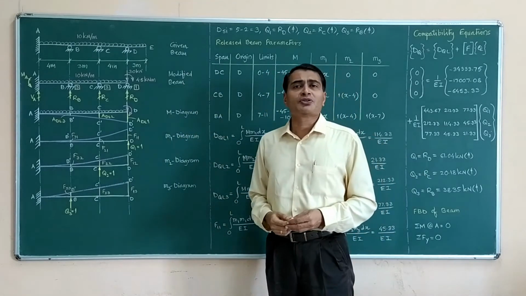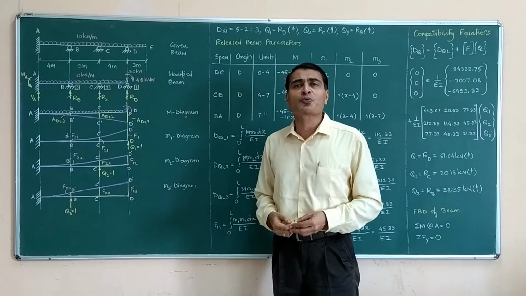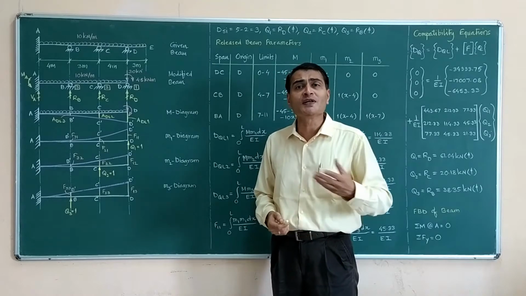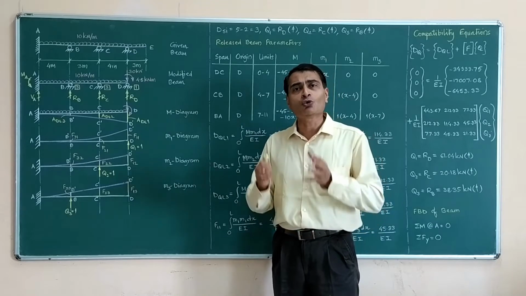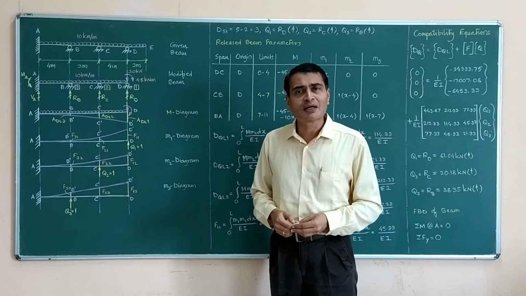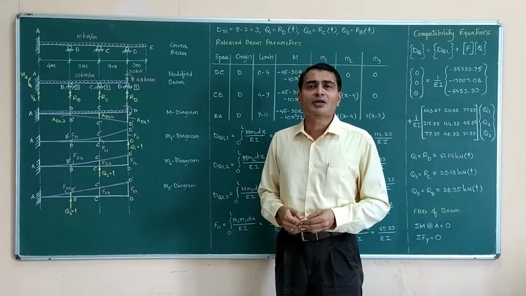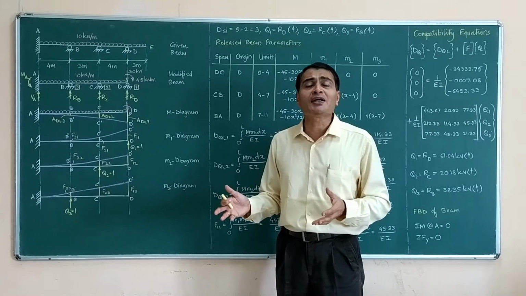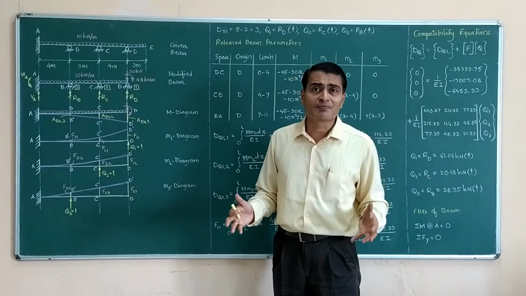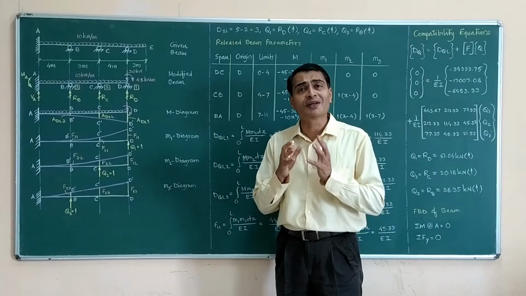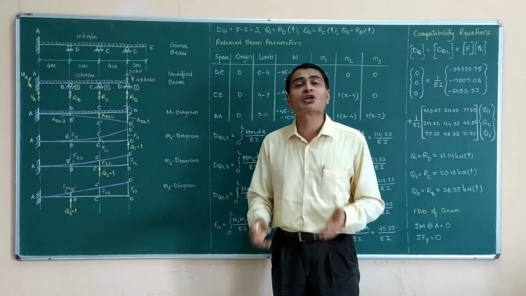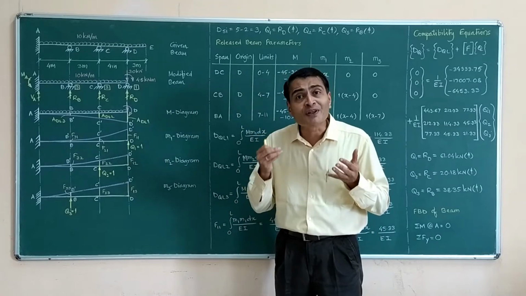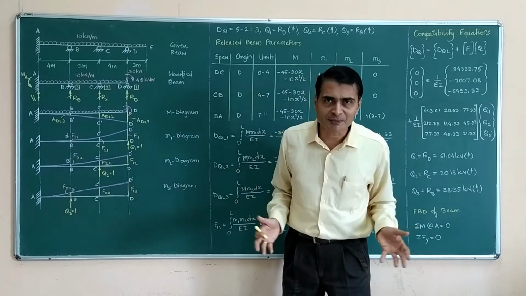So here is our next problem. And in this problem we are trying to see two things together. First of all, how to handle an overhanging portion, and secondly, there is a degree of static indeterminacy of 3. That means we are going to have 3 redundants, a 3x3 flexibility matrix, M1, M2, M3 diagrams like that.